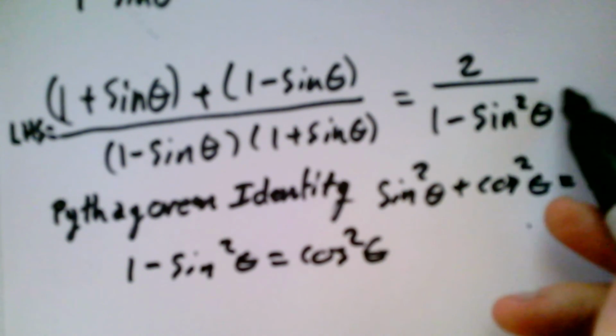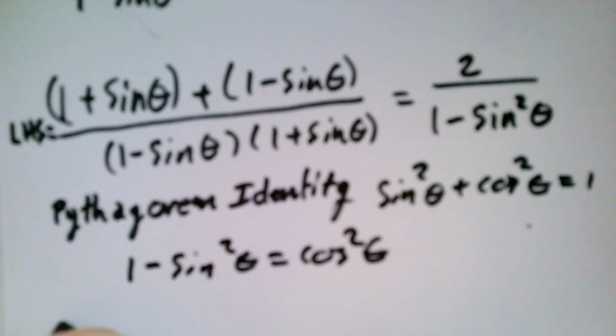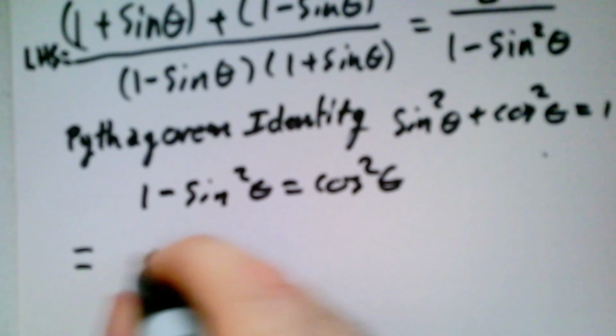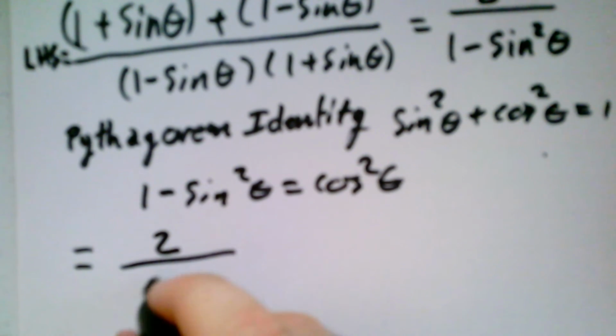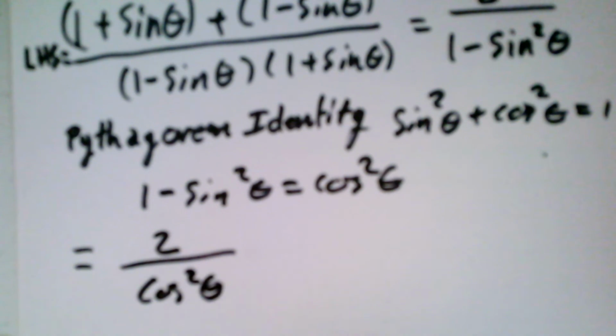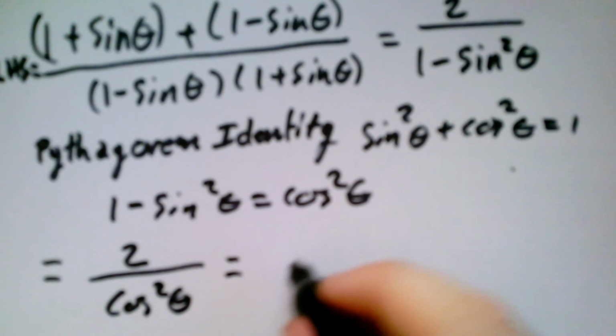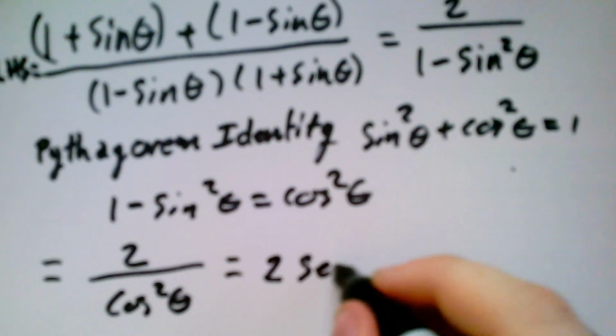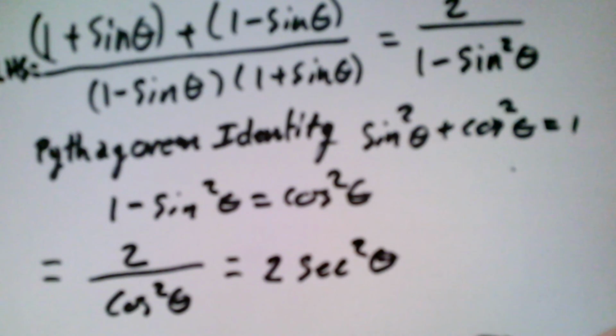So that means that this fraction up here can be rewritten as 2 over cosine squared theta. And that can be rewritten as 2 secant squared theta, because 1 over cosine is just secant. So 1 over cosine squared is secant squared. And that proves exactly what we were asked to.